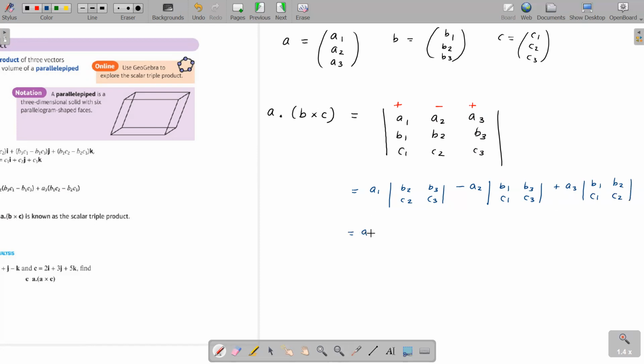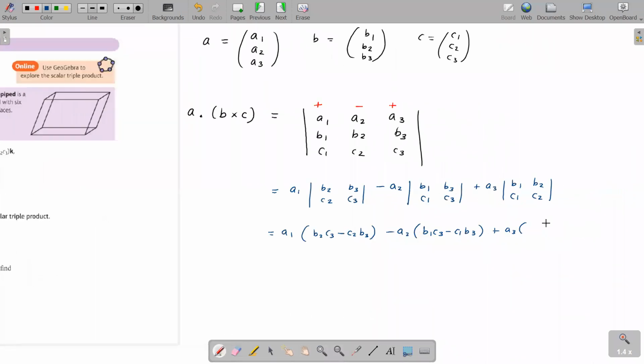So I get A1 times (B2 C3 minus C2 B3), minus A2 times (B1 C3 minus C1 B3), plus A3 times (B1 C2 minus C1 B2). Actually, this is not very relevant, since you need to do this with real figures.